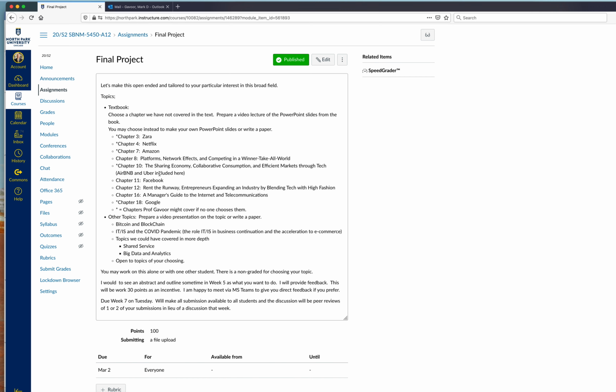And then, I don't know, the rest is open to you if you want to look at it. So Bitcoin and blockchain is very interesting if you're interested in such things. But also big data and analytics. No one has picked that, and I actually suggested to the 2 guys that haven't done it yet, they're both baseball fans, to look at the role of big analytics in sports.